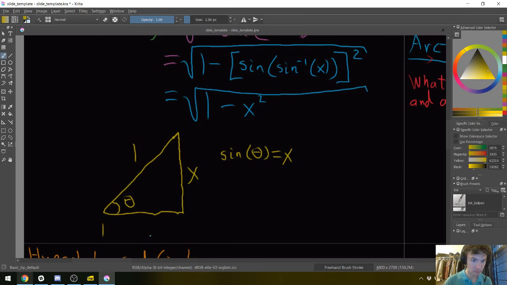Wait, let me think. Give me a sec to think about this. I'm just going to define that bottom side as y. This is y, okay. Can you give me y in terms of x using the Pythagorean theorem?